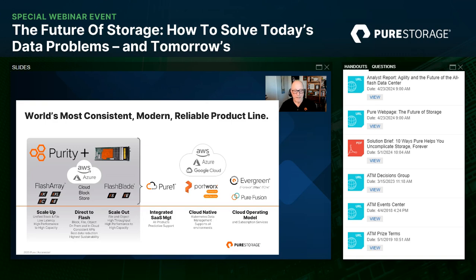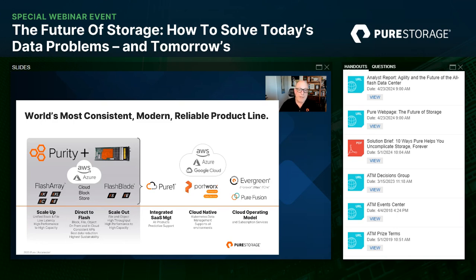And Don, as you say, it comes down to having a common platform that is designed to work across all the different kinds of data sets and workloads, whether you're looking at large scale and you need a scale-out approach, or more standard block and file where you want the scale-up approach.